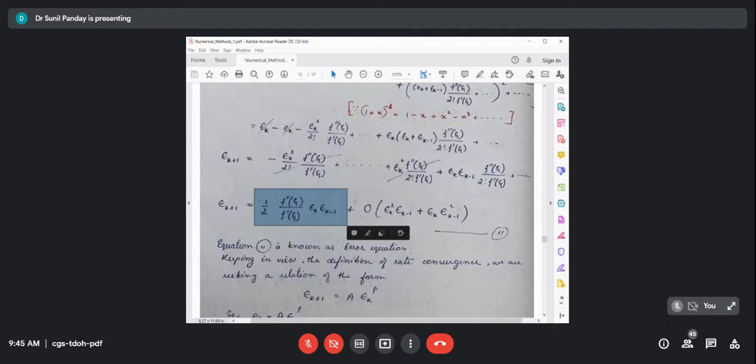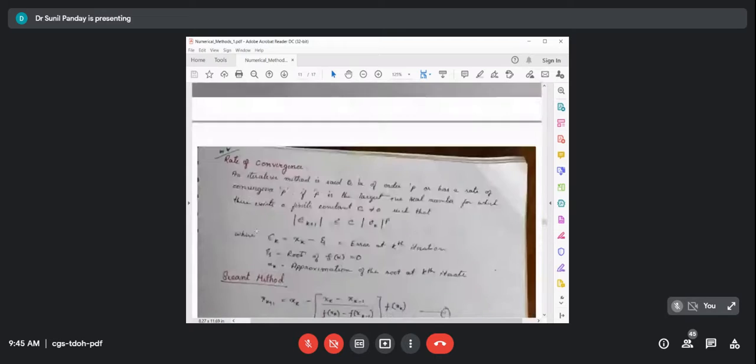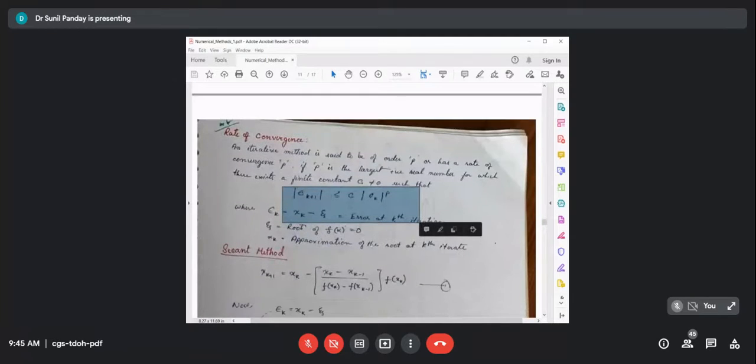But this is not the form of the error equation. When you are asked what is the error equation, you have to remember the form of the error equation. The error equation form is this one. We are always expecting this kind of equation: absolute of epsilon k plus 1 is less than or equal to c into epsilon k raised to power p.